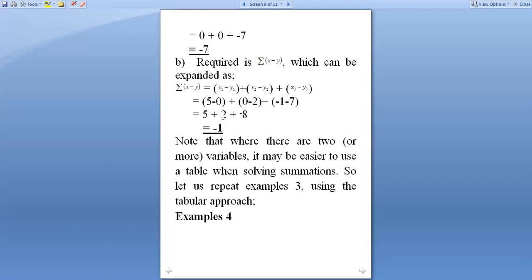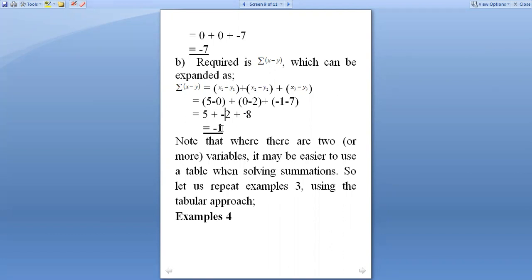You get negative 2. That is true. But why is it that here we don't have negative 2? So it should be negative 2, and then plus negative 1 minus negative 7, you should have minus 8.